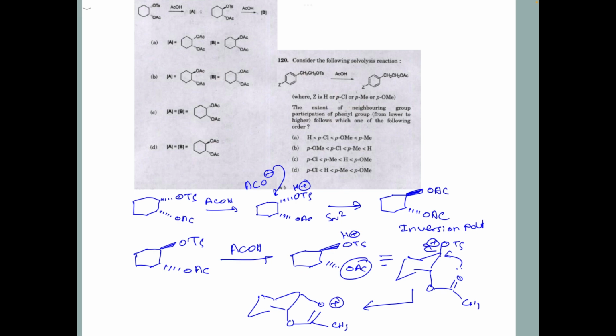Or we can write like this also. No need to do conformation. Draw the conformational structure. So this carbonyl lone pair attack will take place to the opposite direction of the leaving group, SN2.